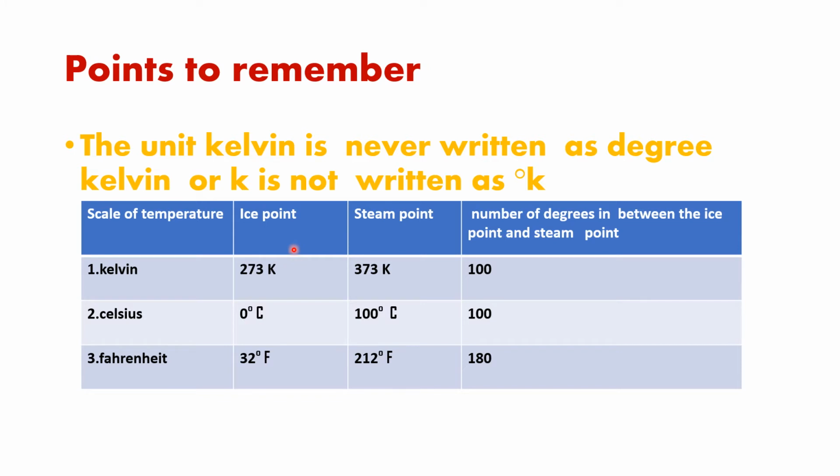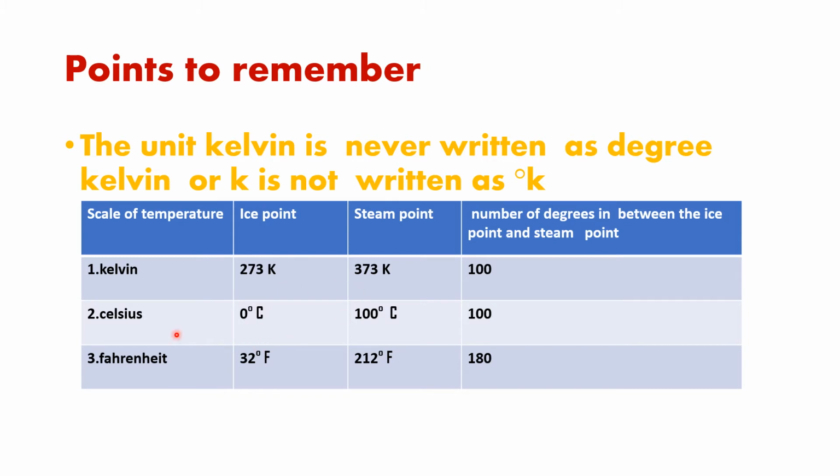So you can see here two values are given. Ice point, that is the temperature of ice on Kelvin scale is 273. Remember this. So the Kelvin scale starts from 273 and the steam point, that is the temperature of steam, is 373 Kelvin. So how many divisions are there? 100 divisions are present.